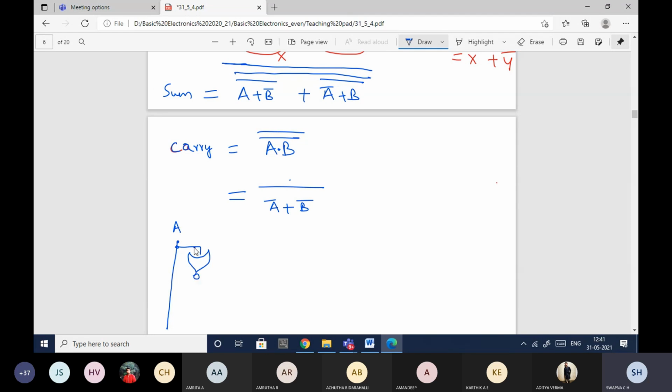I don't have a single input NOR gate, so I'll take both the inputs from the same variable, so that I get A bar here. In the same way, this is my B, and I need to get B bar. This is my B bar.